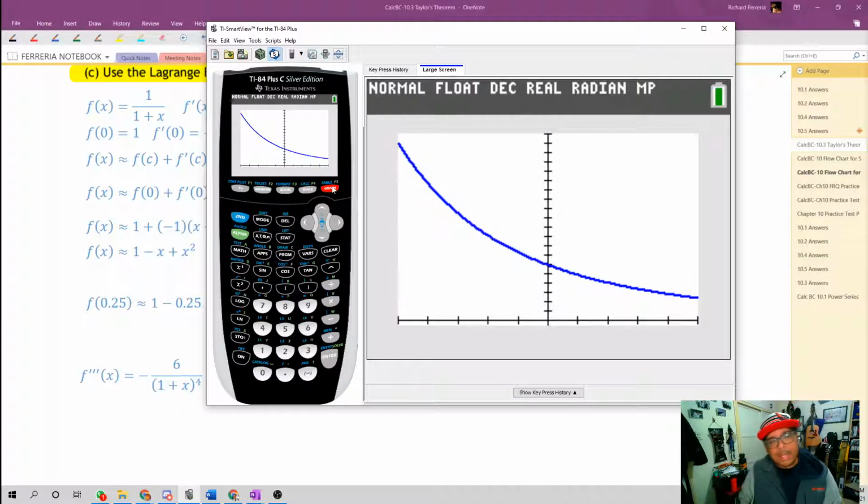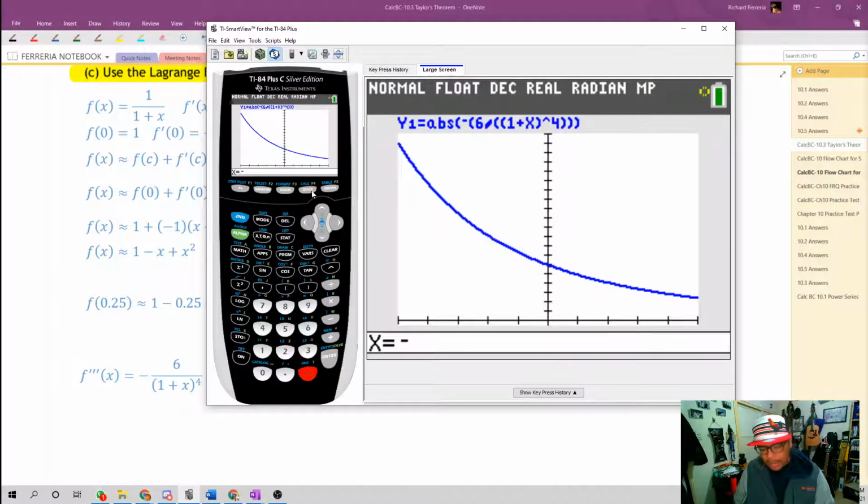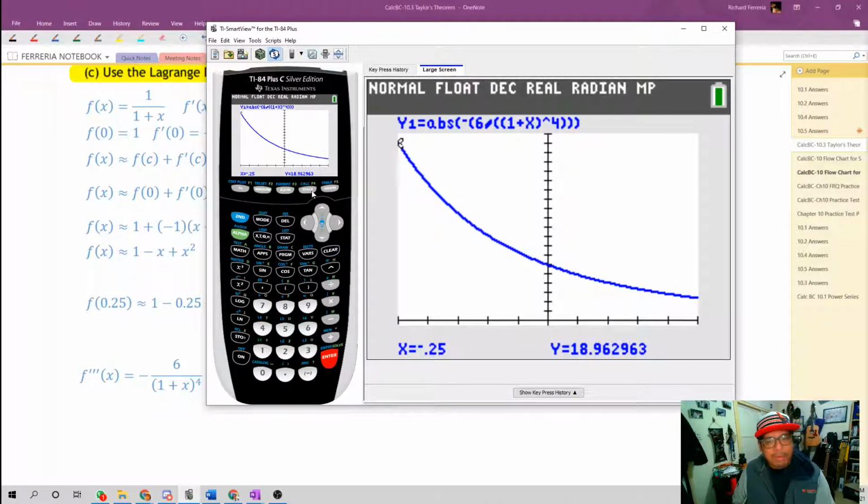So it looks to me like the biggest value of the derivative occurs at negative 0.25. So I'm going to trace, and I'm going to put my cursor at negative 0.25. And then I have here the maximum value of the derivative is 18.96.